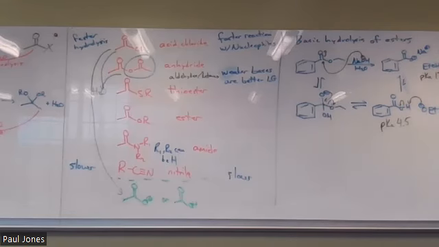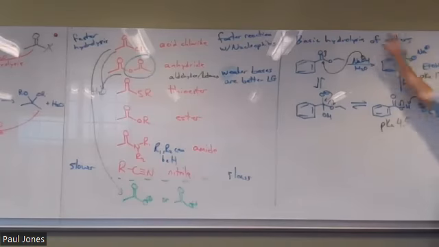So the weaker acid's always favored. Here, the difference in acidity is like 12 orders of magnitude, a trillion-fold. So the carboxylate is favored over the carboxylic acid by about a trillion. Right? That's how you use the pKa, log units.